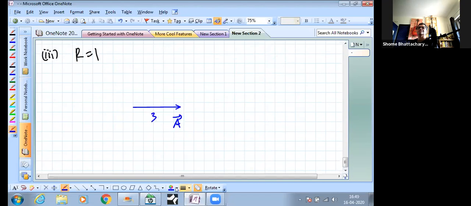Now you want your resultant displacement to be 1, but after making a second displacement of 4, that means this must have gone like this. Your second displacement you must have made after making a U-turn. That's the only way your resultant displacement will be 1. So this is just a matter of observation. I'm understanding that 1 is the difference of 4 and 3.